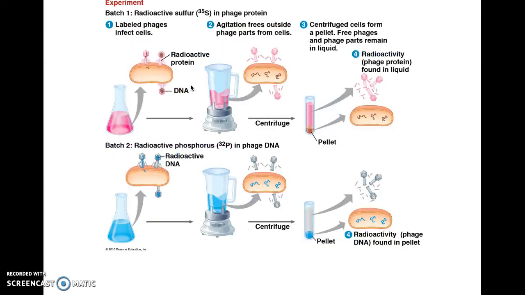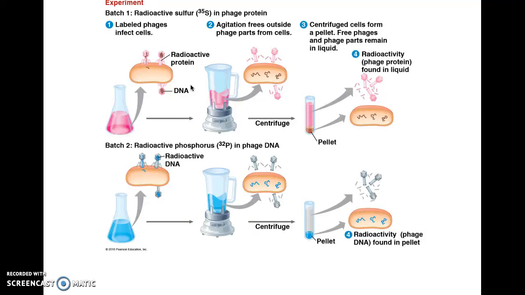In this diagram, you can see two different experiments taking place. Along the top, we have the radioactive sulfur, which is embedded in the protein of the bacteriophage, which again is a virus. The virus attaches to the bacteria, and it is centrifuged, basically blended, to separate it and see where the radioactivity is.